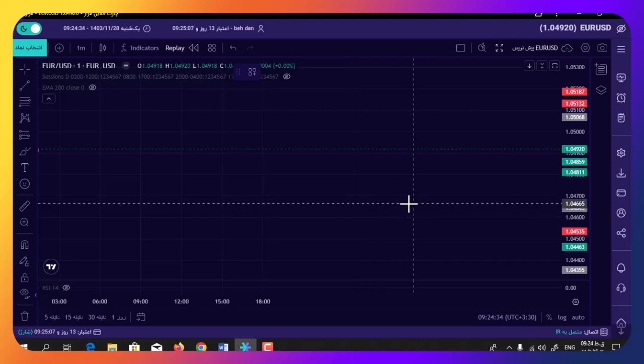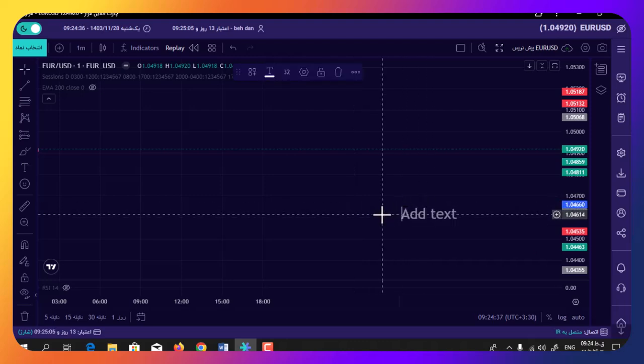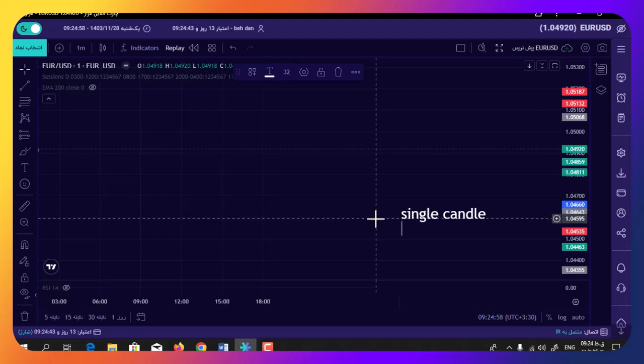The first candlestick pattern is the single candle pattern, also known as the hammer pattern.